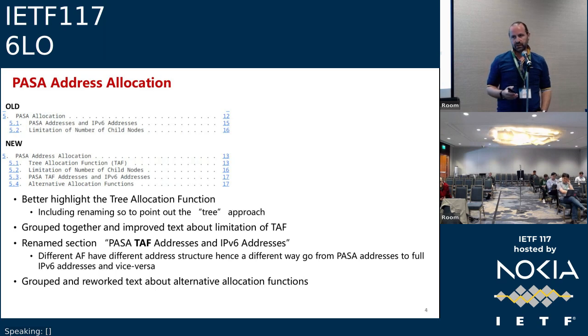We decided to put this clearly in the name, so it's not AF anymore, but TAF, tree allocation function. We grouped all the text, as I said. And obviously, if we change this acronym, we have to rewrite the document a little here and there.